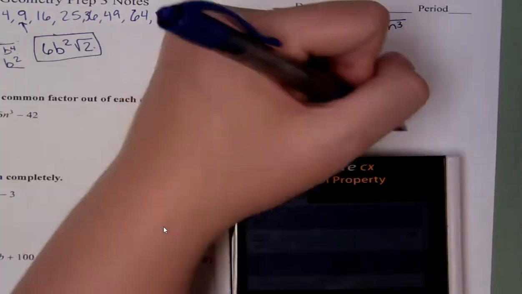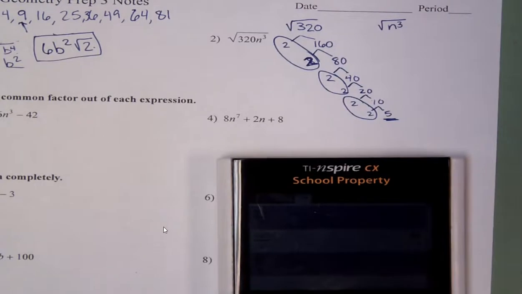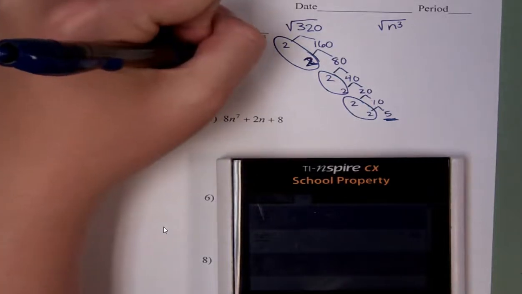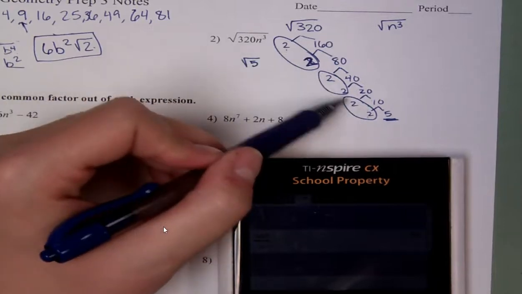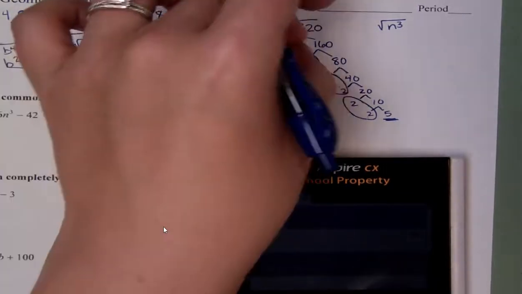Those are out of the square root. The 5 has no pair, okay? So the 5 stays under the square root. And these 2's are all outside the square root, but only one of them, okay?